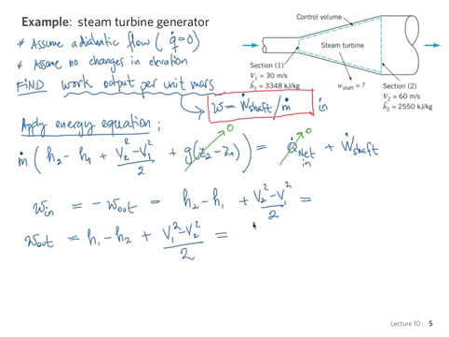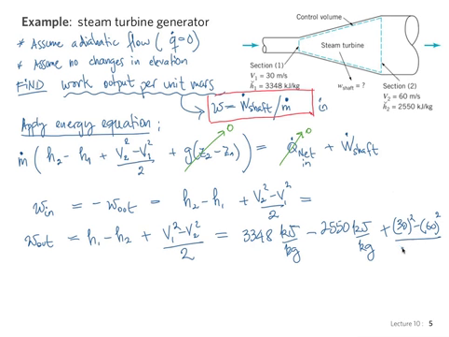And now I'm going to be able to write the positive result. Kilojoule per kilogram minus 2550 kilojoule per kilogram plus, now I have V1 minus V2, so this one is 30 squared minus 60 squared. I was mixing things, divided by 2. This is meters per second squared.